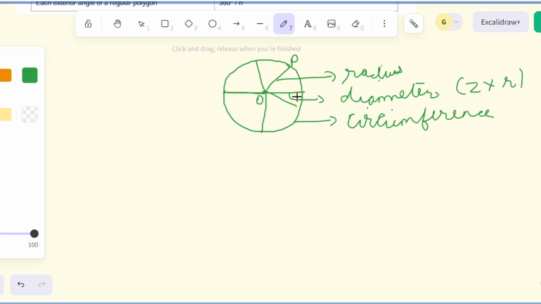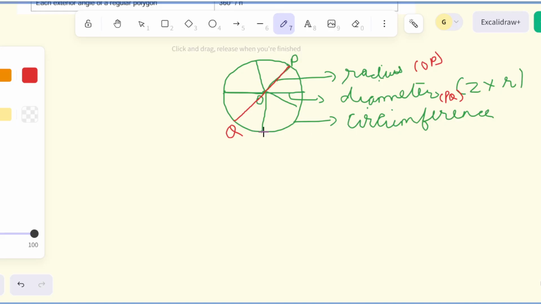So OP is the radius here, and if you extend it straight here, then PQ will become the diameter. So here OP is the radius and PQ is the diameter. Diameter is always two times the radius.